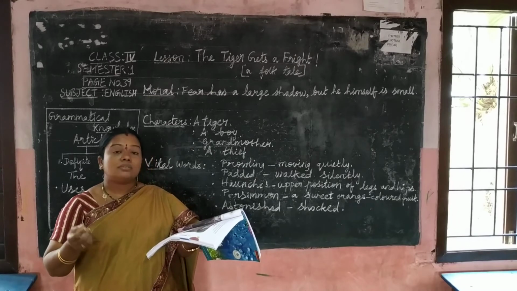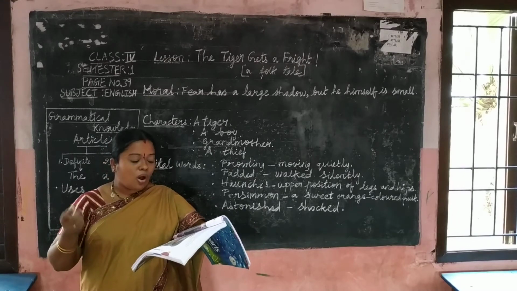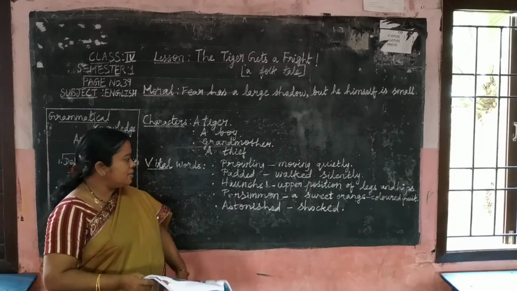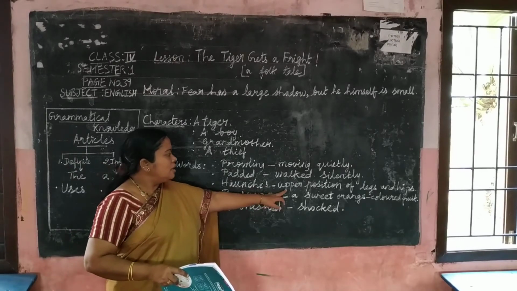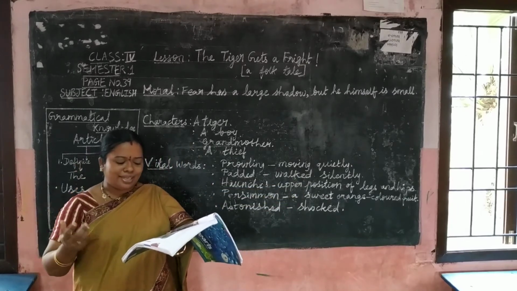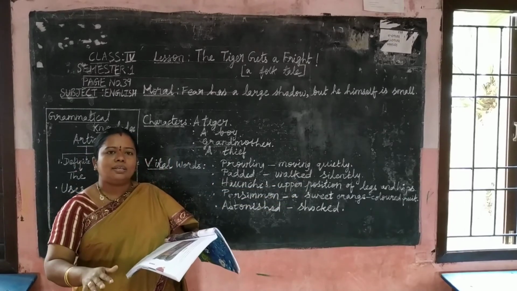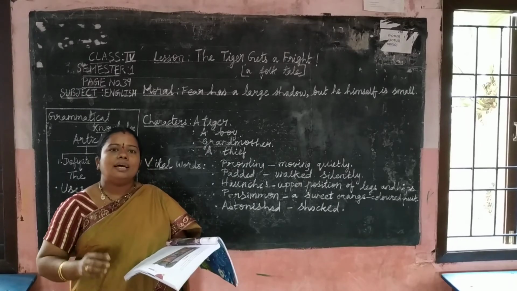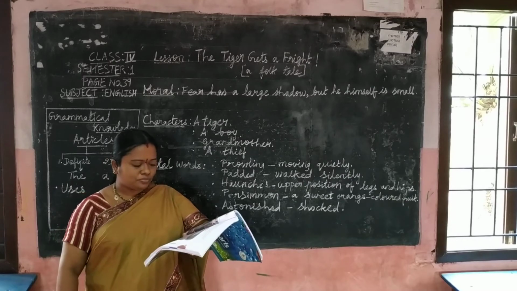There he sat silently on his haunches. What do you mean by haunches, children? See here, haunches, upper position of legs and hips. So the tiger sat quietly on its haunches. Okay, sat on its legs and hips.